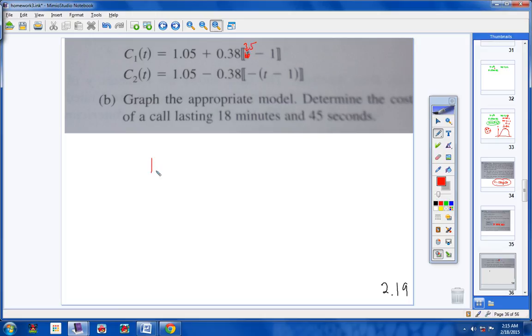So now you have $1.05 plus 0.38. Now be careful here. It's greatest integer. So 3.5 minus 1 is 2.5. I now have 2.5 inside my greatest integer notation.